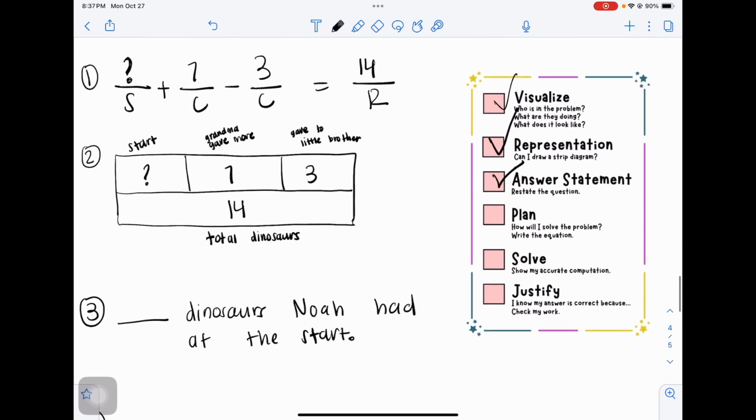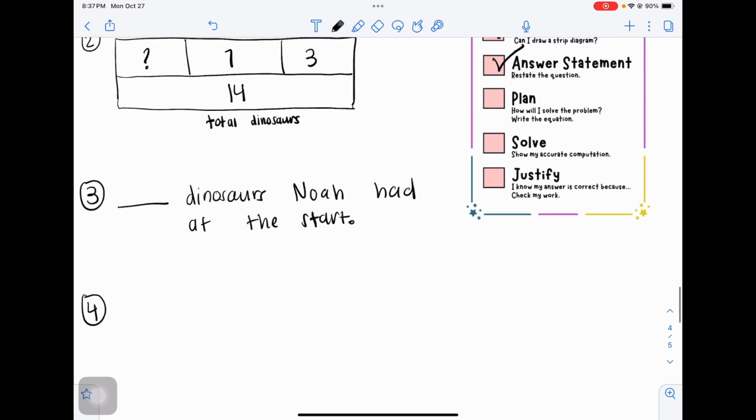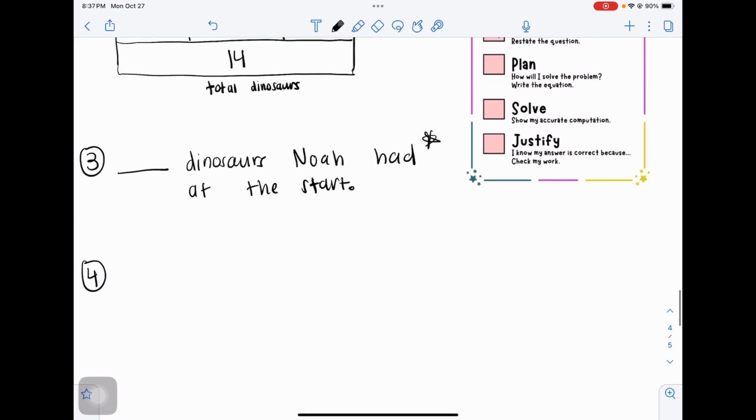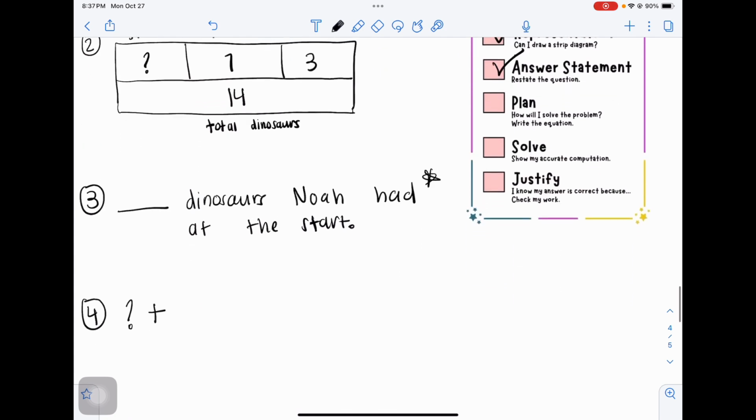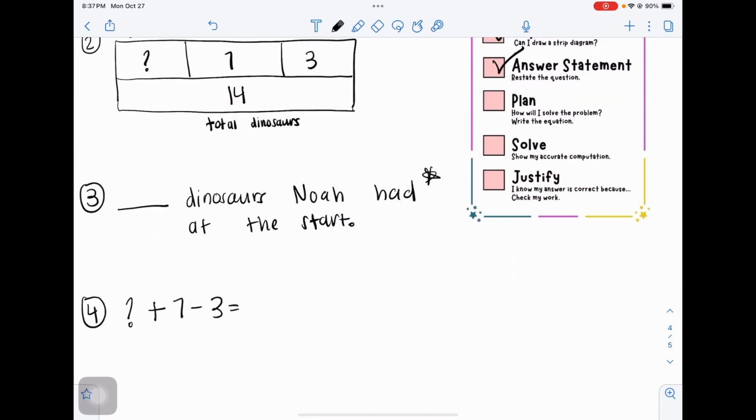Remember plan, you are repeating the visualize and the answer statement. Those are the two steps you're repeating. So we're going to just repeat the visualize again first. Question mark plus 7 minus 3 equals 14, comma, question mark dinosaurs, right?